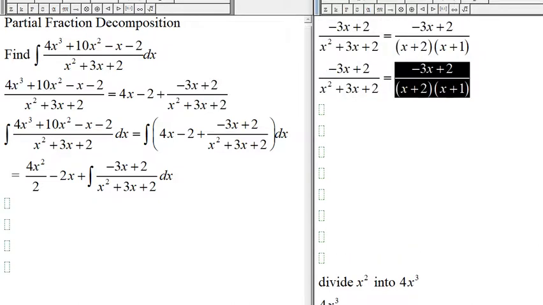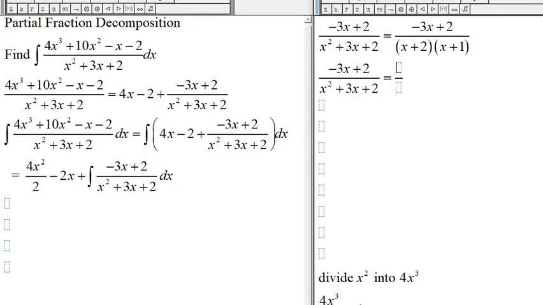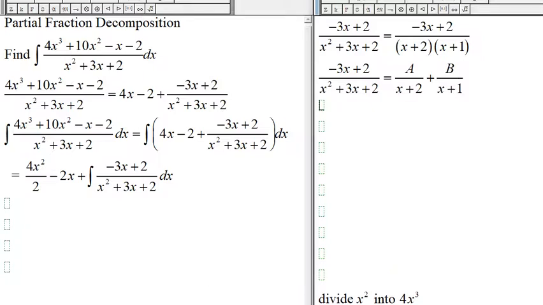And this can be rewritten as some constant A divided by the first factor, plus some constant B divided by the second factor. So this is the process of partial fraction decomposition.